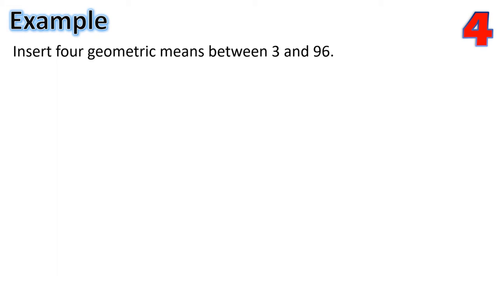So that means our first term is 3. Then we have 4 terms. Then we have 96. Hence, if 3 is our A sub 1, then 96 is our A sub 6.